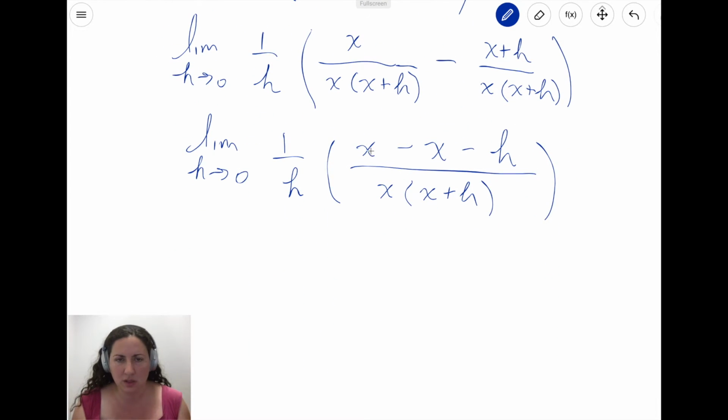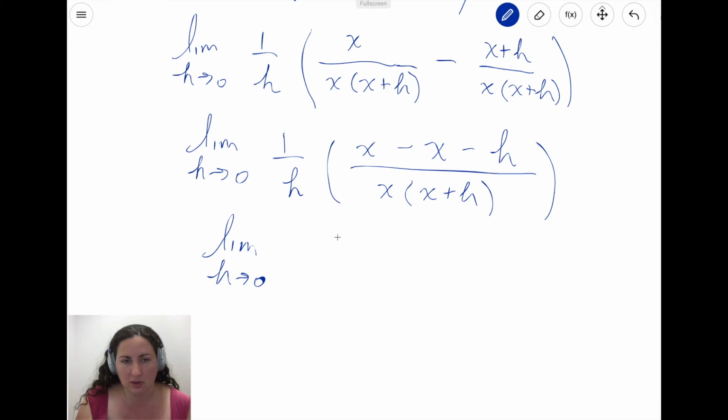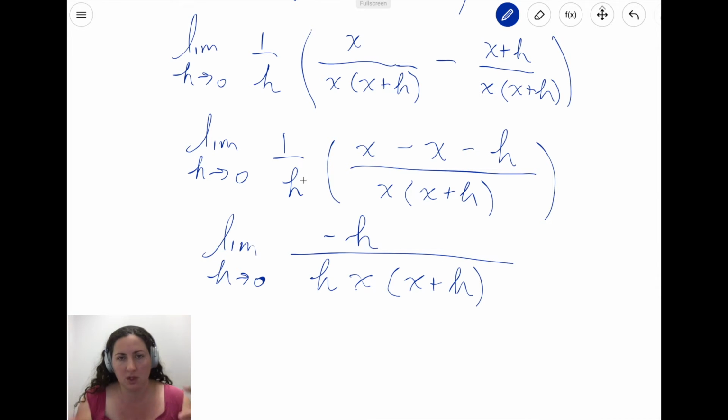And now you can see that the numerator is going to simplify. We have x minus x there, so we're just going to be left with a negative h up top. So we have negative h over, and I'm going to also multiply these two fractions, right?